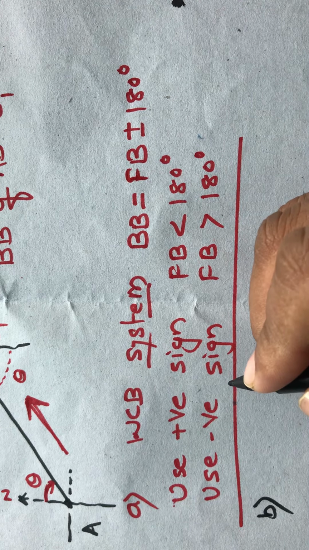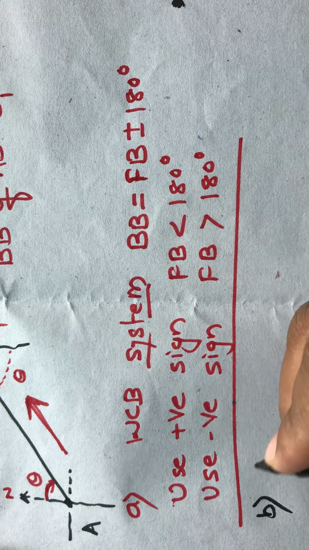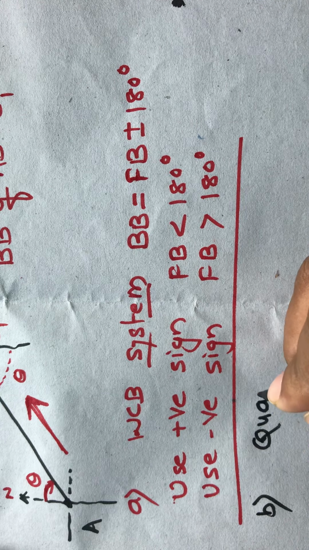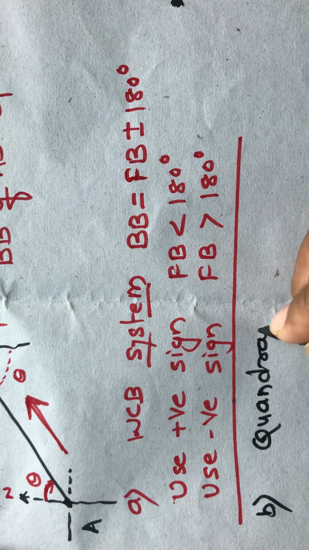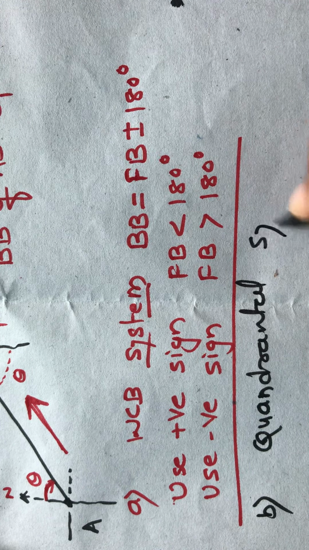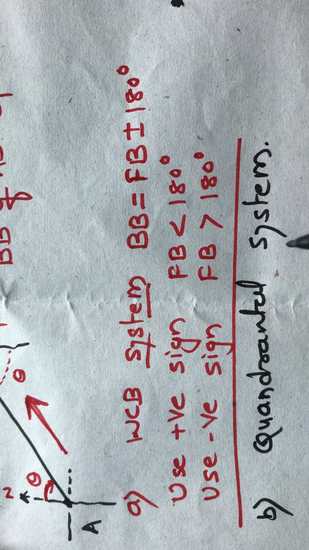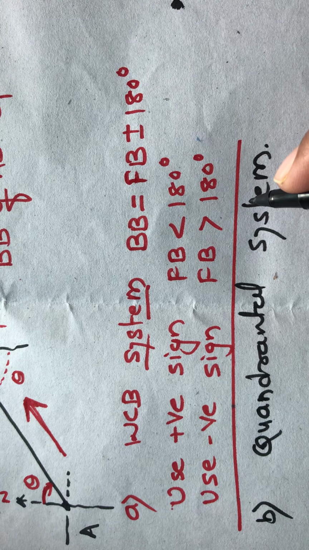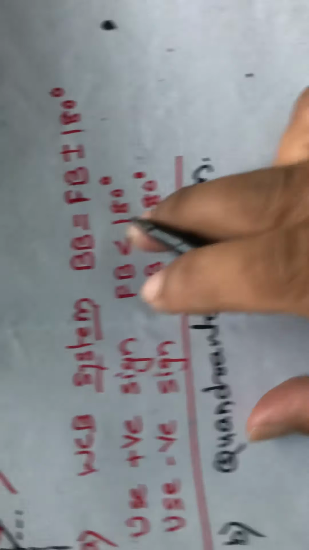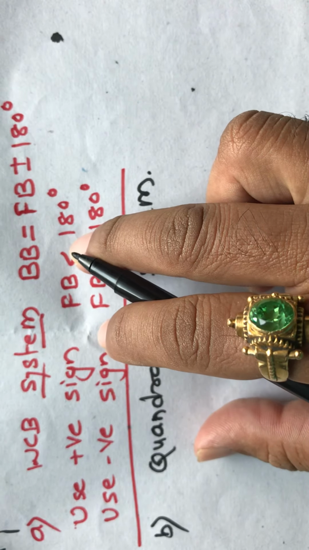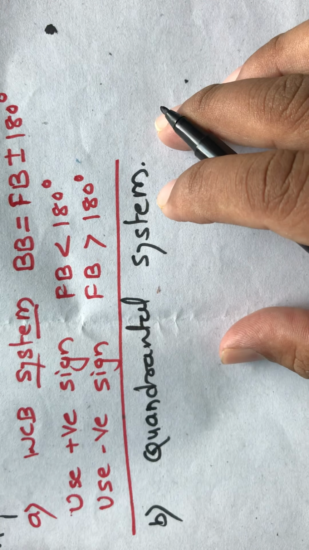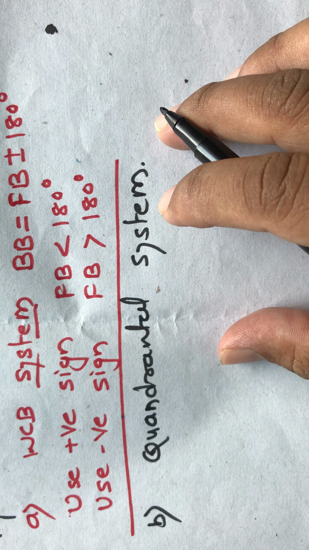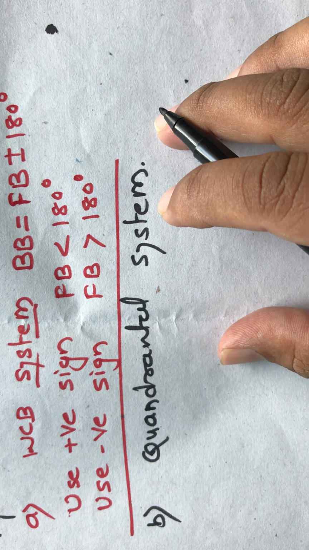What is the second relation, in the quadrantal system? In the quadrantal system we have four quadrants. So what is the relation between back bearing and fore bearing? The fore bearing and back bearing are numerically equal, but the quadrants are just opposite.